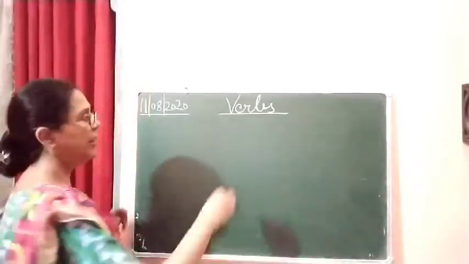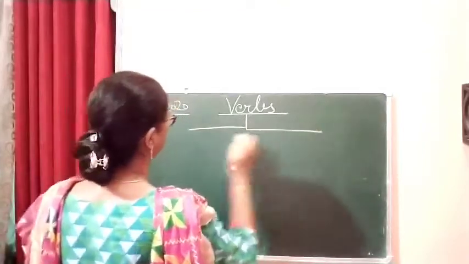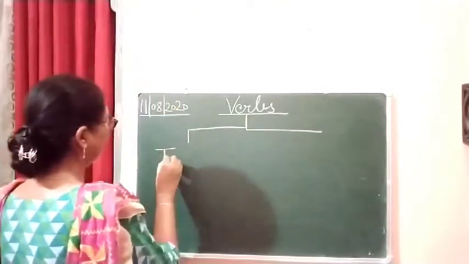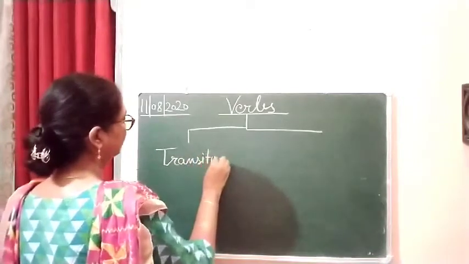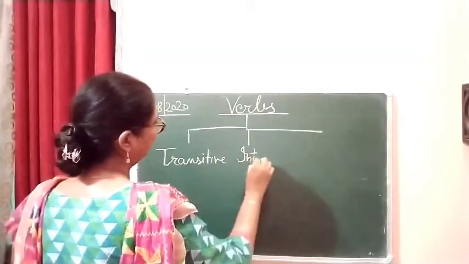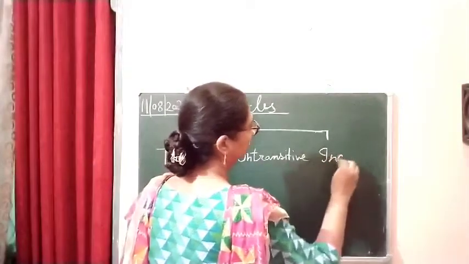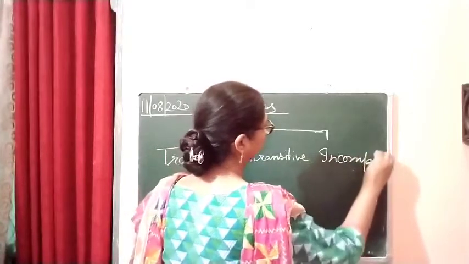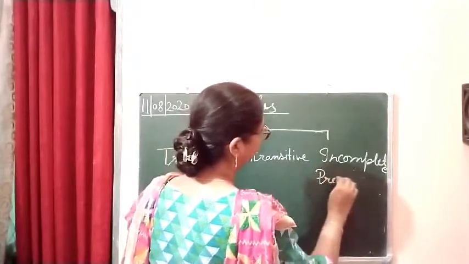Now I am going to write over here kinds of verbs. First is transitive, second is intransitive, incomplete predication.